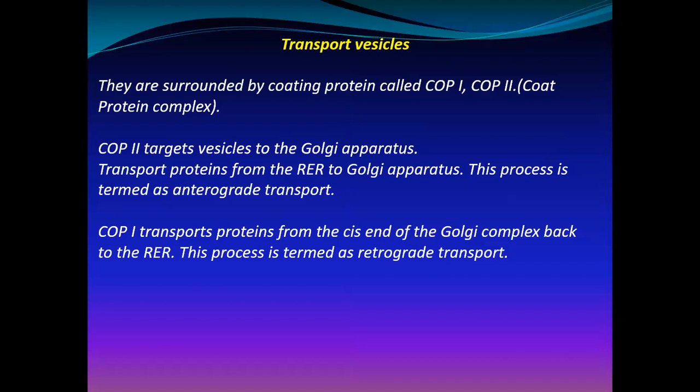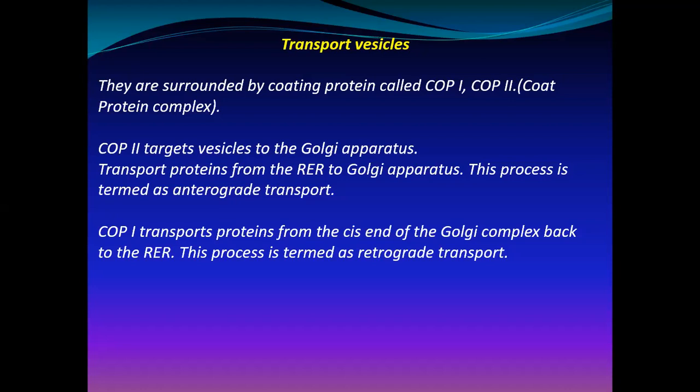These coating proteins are COP1 and COP2. We call it the coating protein complex. Now you can see COP2 targets the vesicle to the Golgi, transporting protein from RER to the Golgi apparatus. Interesting, isn't it? This process is termed anterograde transport.